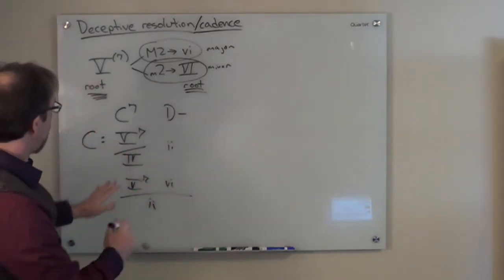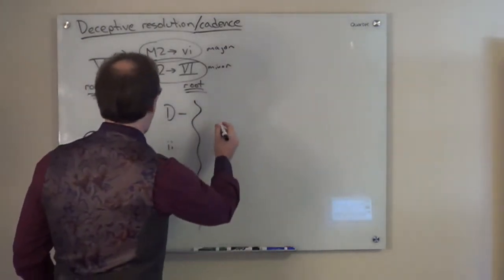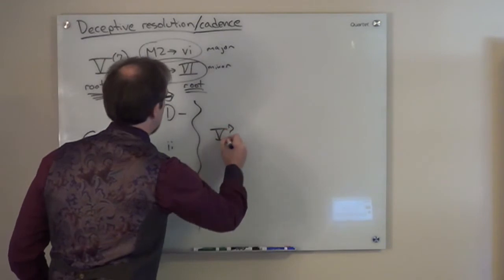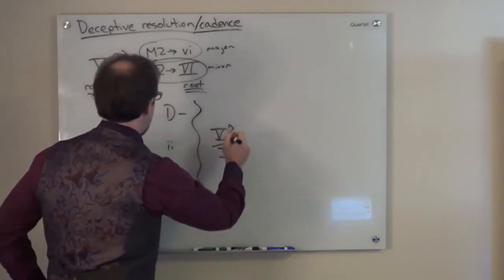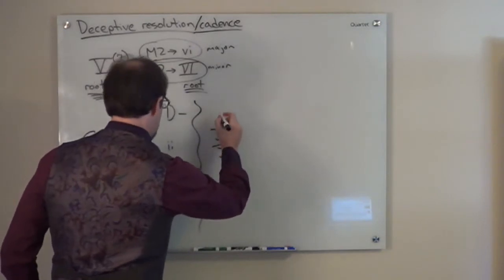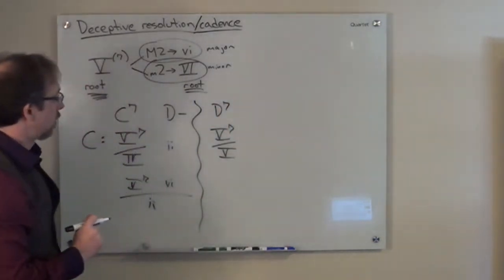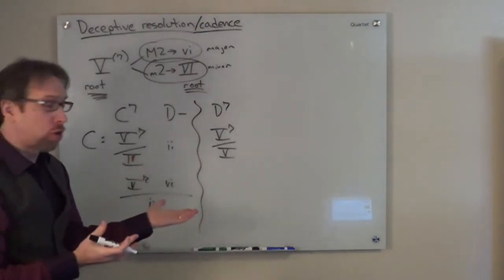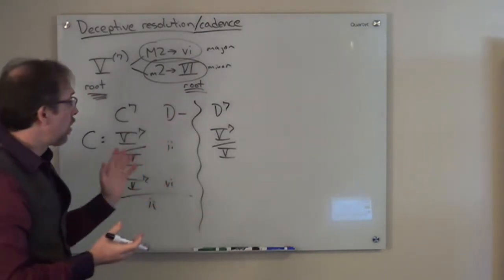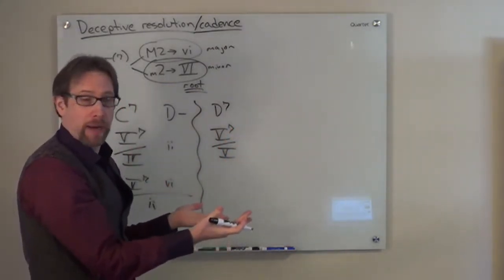Well, let's see. What if we looked at V7 of V? Because V7 of V is very, very common. V7 of V would normally be a D7. This we could do as a major triad, just a D major triad. We would expect that to go to a G triad.